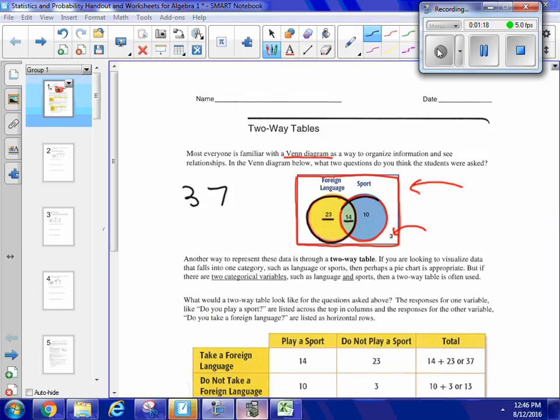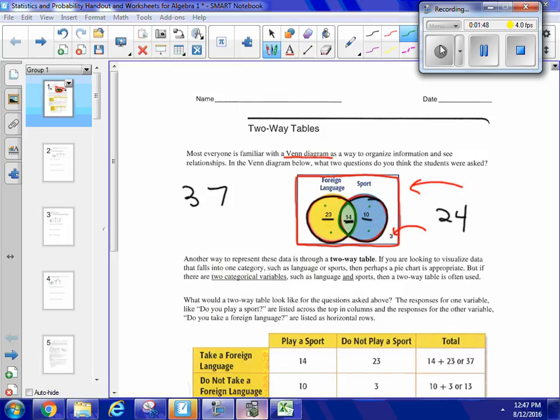Well, that would be this big circle right here. So that's 10 plus 14, that would be 24. And the intersection of those two is telling me that 14 students take a foreign language and play a sport. Those 14 students fall into both of these circles.